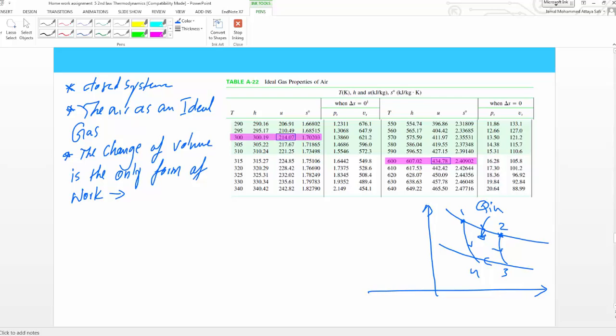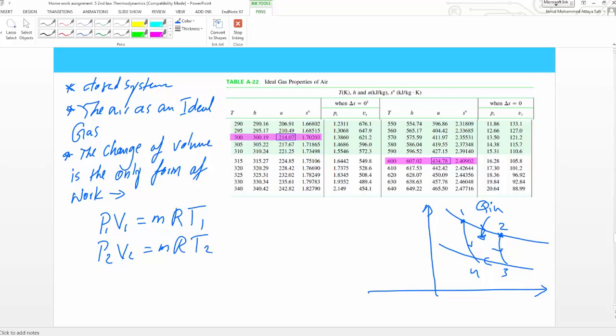T2 is not a given, but remember, it's always an ideal gas, so we use the ideal gas law, and if I write it down, P1 V1 equals m R T1, but I can also write P2 V2, that is also m R T2.